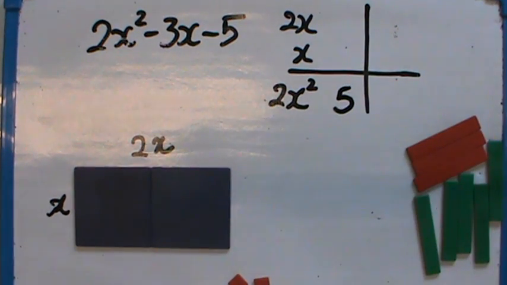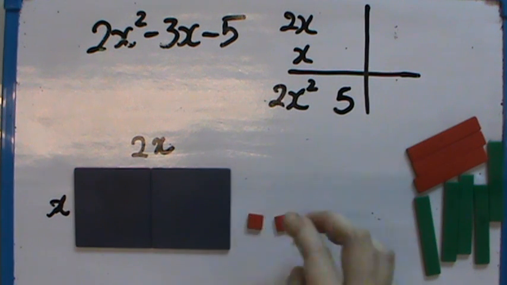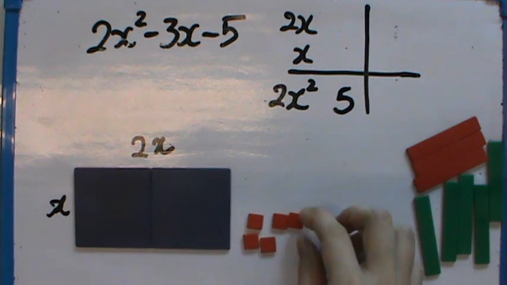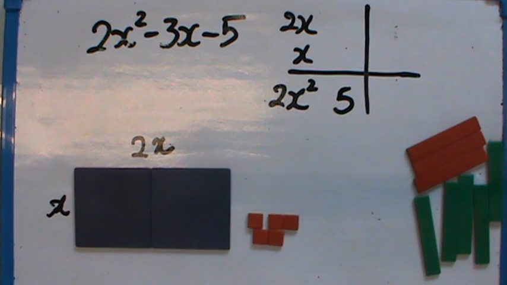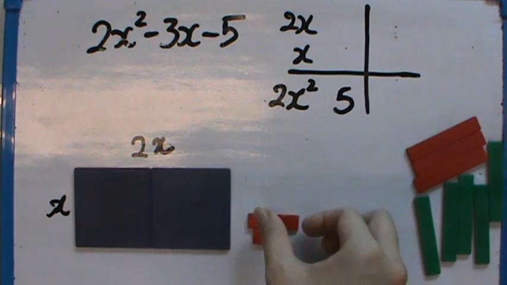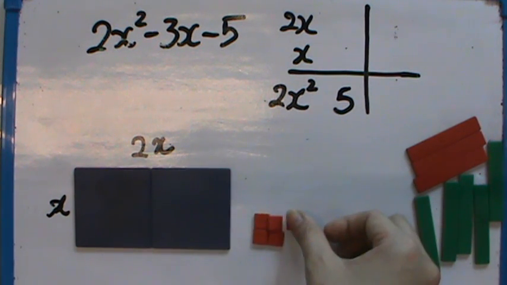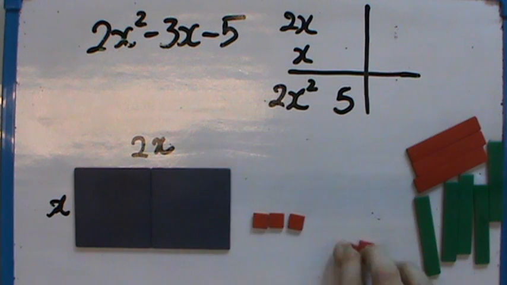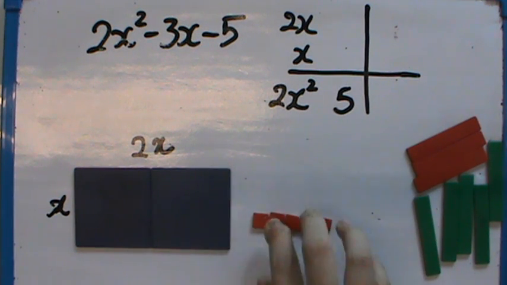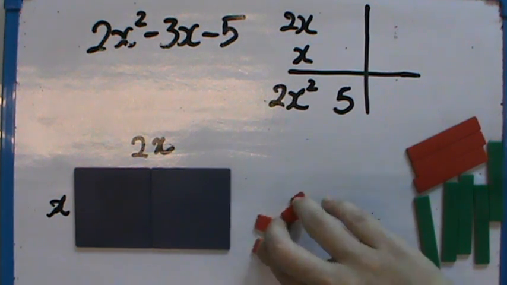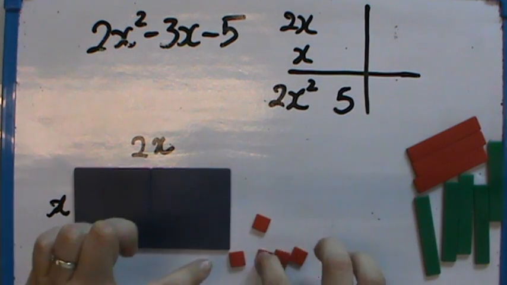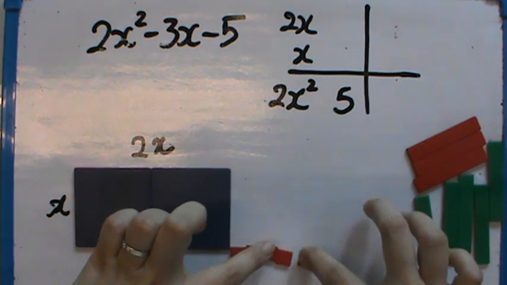What are some of the combinations for 5? For factors 1, 2, 3, 4, 5. Will I be able to form a rectangle in this manner? No. So I'll need 5 times 1 or 1 times 5. Okay, so in this case, let's try this.